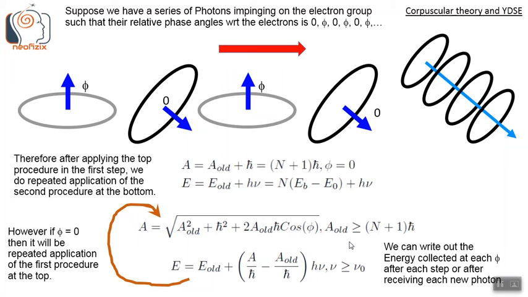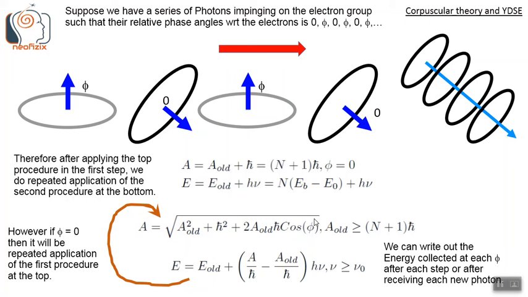So either if phi is 0 or phi is different, when we have a series of 0, phi, 0, phi, 0, phi, after following this procedure at the first step, we do repeated application of this procedure at the second step, and we get a table of values. Basically, we can write out the energy collected at each angle phi. This can be 20 degrees, 30 degrees, 50 degrees, or whatever.